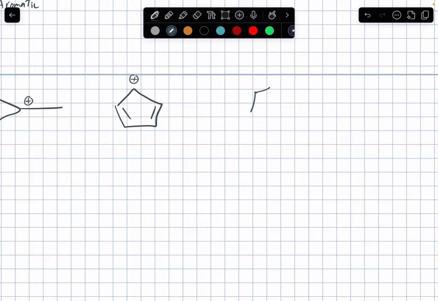One, two, three, four, five, six, 7, 8, 9, 10. Cyclodecane. Sorry, cyclodecane. 5, 6, 7, 10.